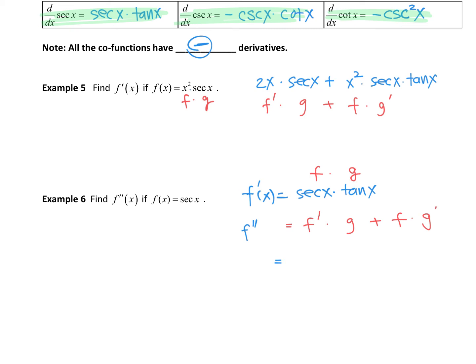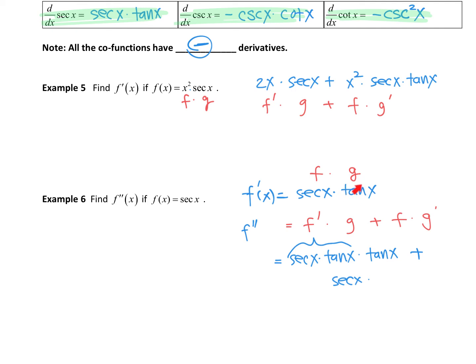So this is my first one, f prime, so take the derivative of the secant. I think we just did it, so it says secant tangent. That's the f prime part. And then g, leave the second part as is, tangent x, plus, now leave the first one as is, times the derivative of the second part.